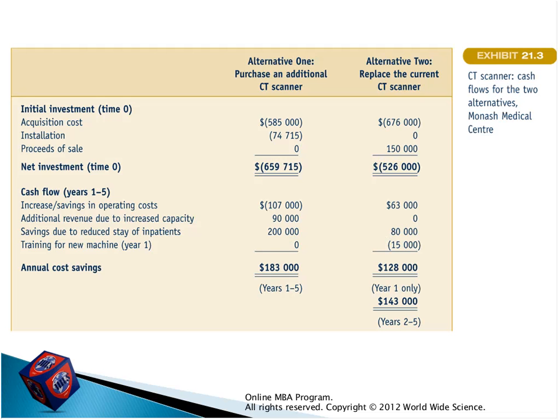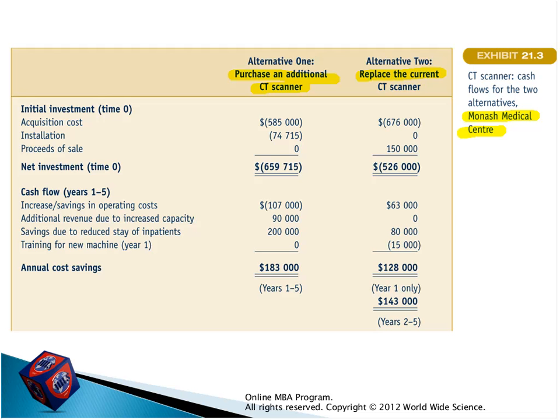So here is an example based on the Monarch Medical Center. It has two projects, let's say two alternatives. This medical center is thinking about and making an evaluation based on two different projects: to purchase an additional CT scanner, or replace the current CT scanner.